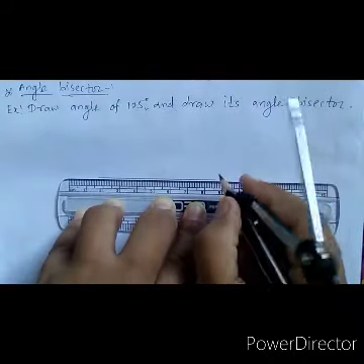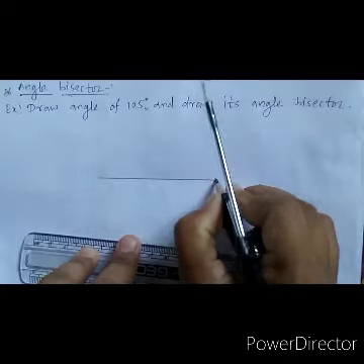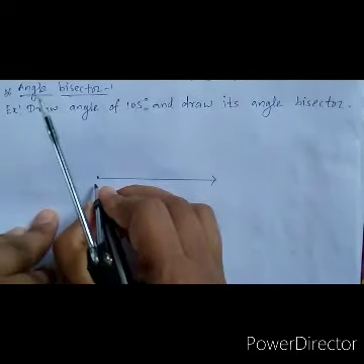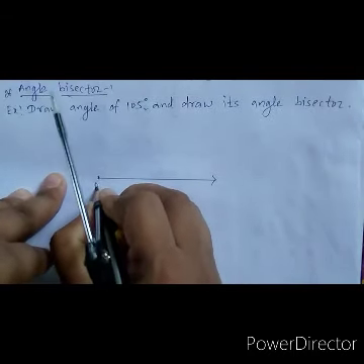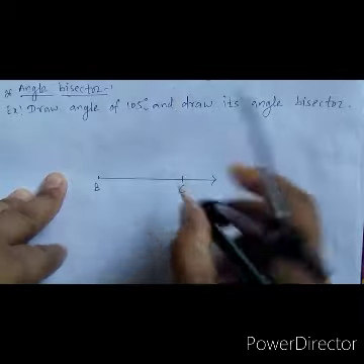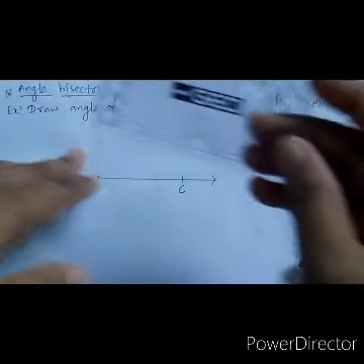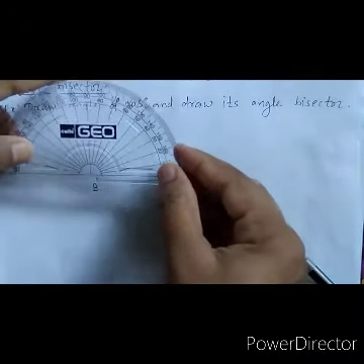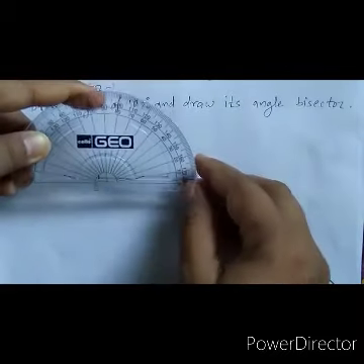So we drew a line or ray, give the name for this ray BC. Now we have to draw an angle of 105 degree. So for this we have to take a protractor and put its middle point on this point B and its base line on this ray BC.